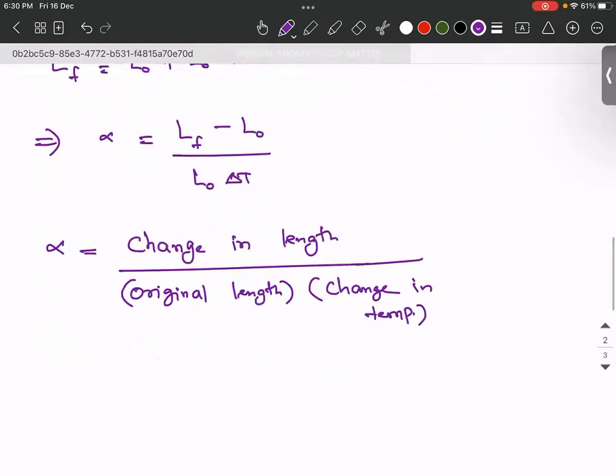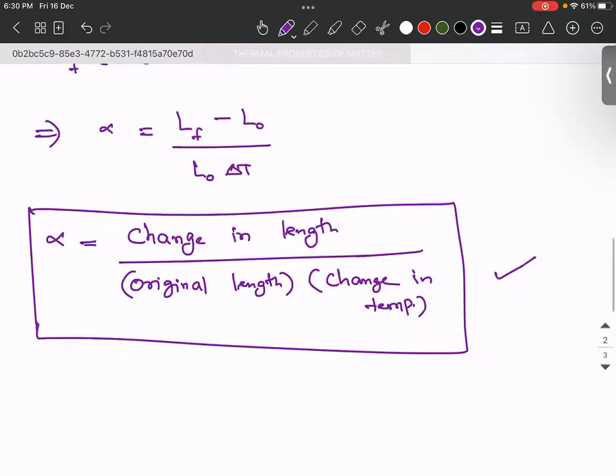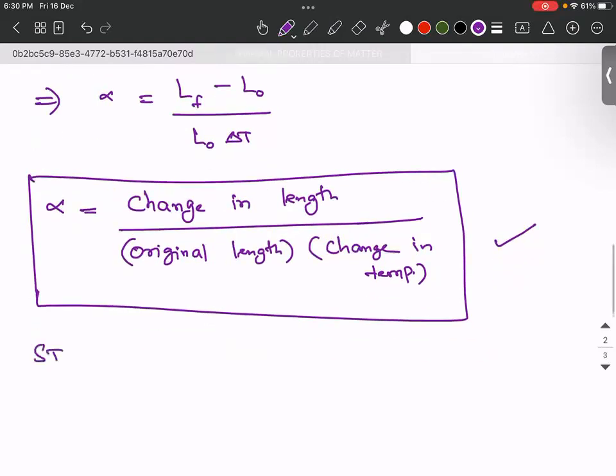Okay. So what is going to be the SI unit for it? SI unit will be Kelvin inverse and CGS unit will be degree Celsius inverse.